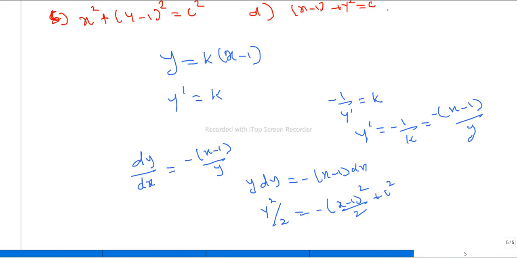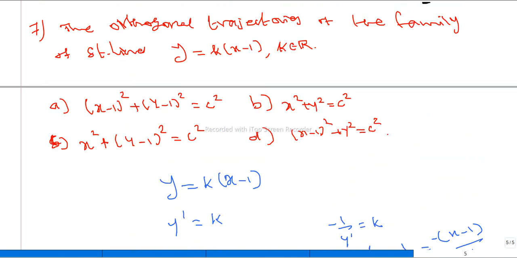Therefore, you can multiply by 2, and this is a circle of center 1 comma 0. So the last option, x minus 1 square plus y square equal to c square, is the orthogonal trajectories of this one.